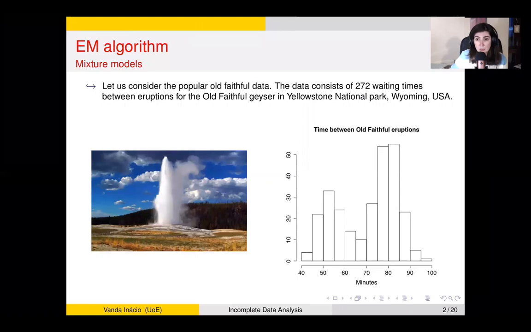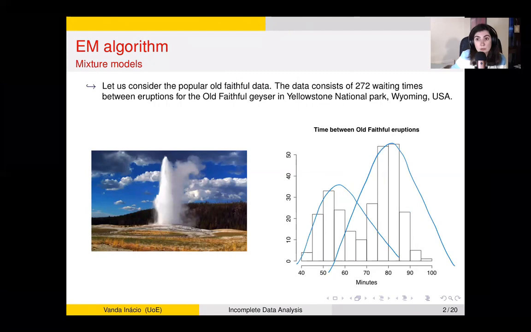Because we see that we have kind of two modes, so a single distribution that fits something like this would be inappropriate. But if we consider a mixture of two normal distributions, maybe we are doing something that is reasonable.